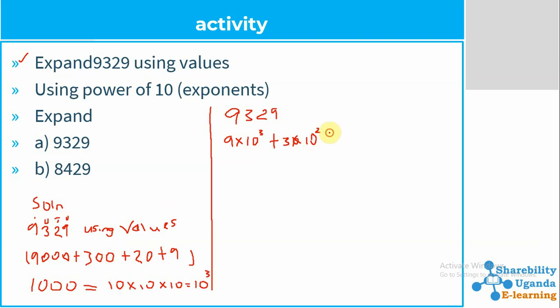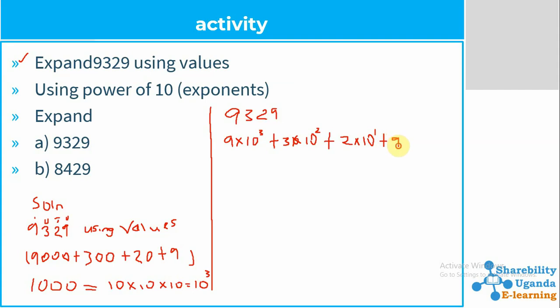Then we also have to come up with another one. We are having our 2 here. How many zeros are there? There is only 1. So we shall multiply our 2 times 10 to the power 1. Then we add our 9, which is remaining.